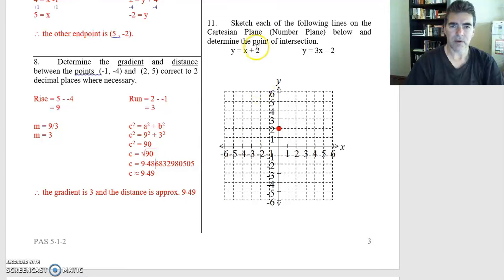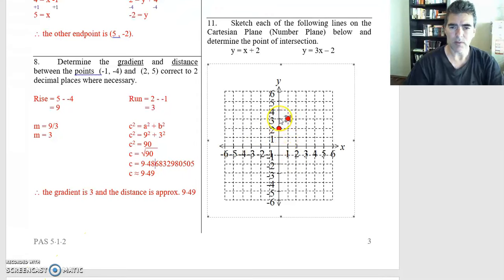In question 11, I want to sketch this. Remember, there's a few different ways. I can do a table of values, but I can see straight away that my y-intercept is +2, so I'm going to plot that point at +2. My gradient is 1, there's a 1 there. That as a fraction is 1/1, so that means I'm going to rise 1 every time I run 1.